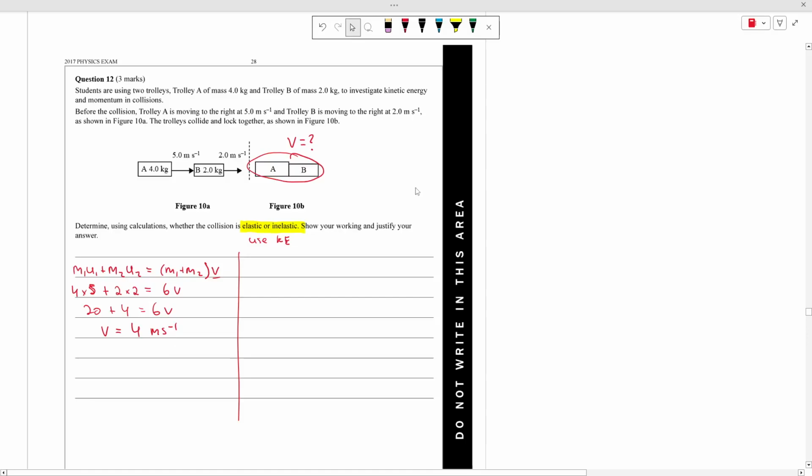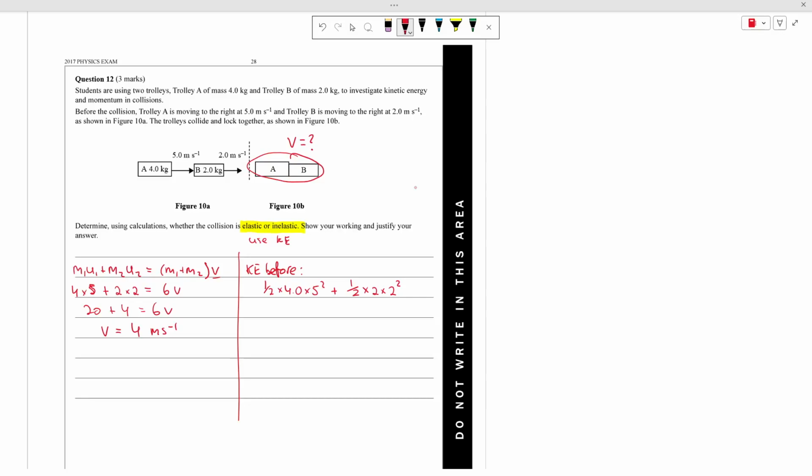So that's how fast the two trolleys A and B are traveling after they stick together. Now, kinetic energy to show whether it's elastic or inelastic. So energy before, that is an atrocious spelling of the word before. That's just half mv squared for trolley A, which is half times 4 times 5 squared, plus the kinetic energy of trolley B, so half times 2 times 2 squared.